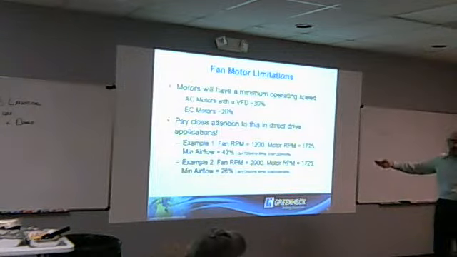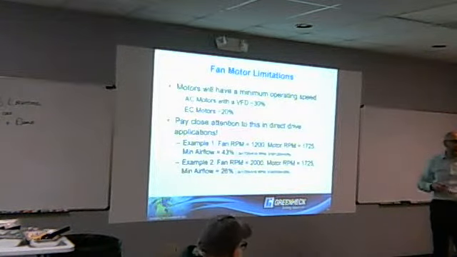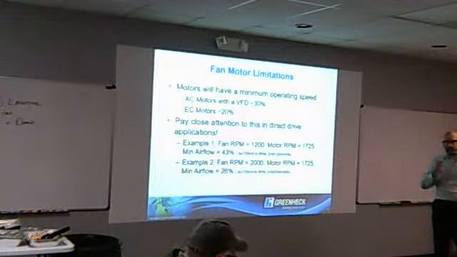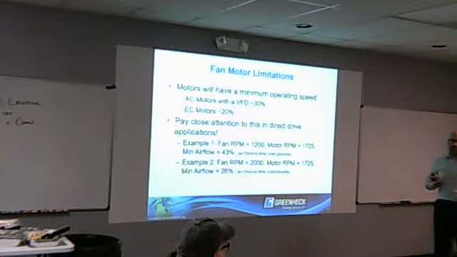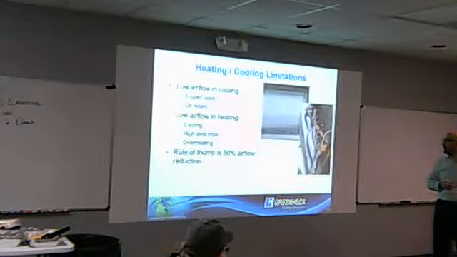Sometimes it varies between 50% to 30%. So this is trying to show us that we have to watch it. There's no steadfast rule. 50% would probably be your typical. You've got to up the horsepower a little bit to be able to overspeed it to hit your max airflow, but that'll allow you to get down to the lower. Yes, we watch that.